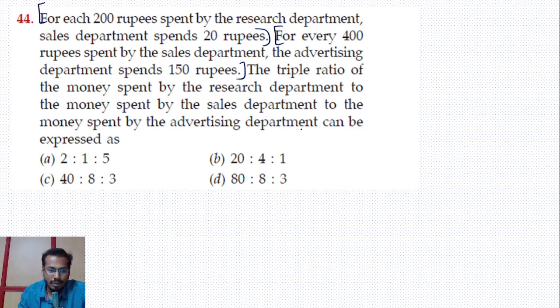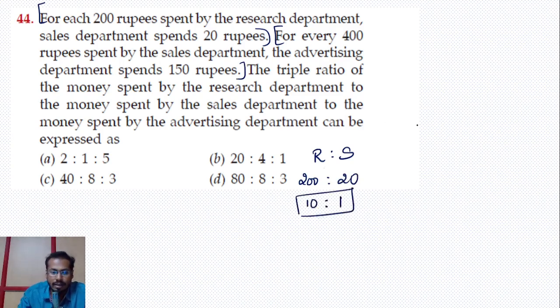Simple, guys. So as usual, first write research department and sales department. What is the ratio here? 200 they spend means here they spend only 20. I can tell this as 10 is to 1. Next, sales department and advertising department, that is 400 and 150.